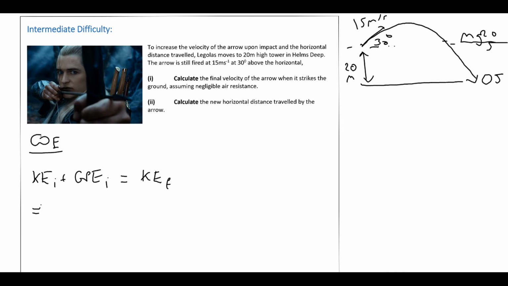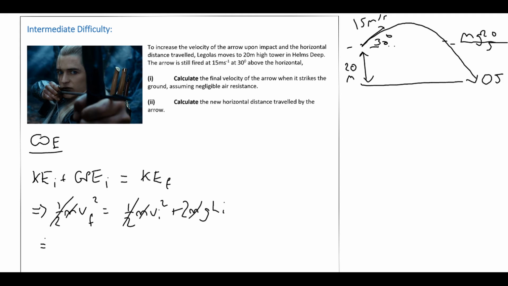which means that half m v_f squared is going to be equal to half m v_i squared plus m g h_i. So we can already see we can get rid of the m's. I'm going to multiply through by 2 as well.